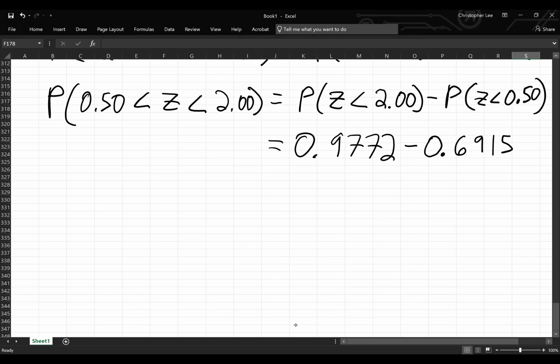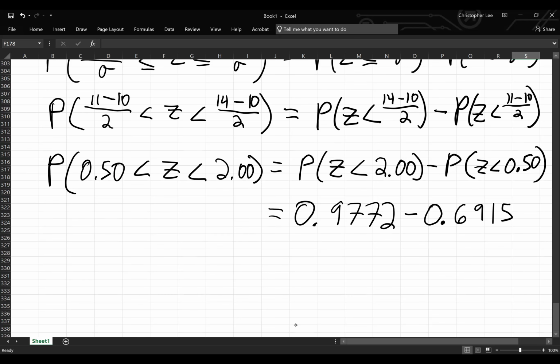Professor, so where did you get the 5 from? The 2 is from the formula, 11 minus 10 over 2. That's 5. Listen, I'm crossing this whole formula out because I don't really know what you did and this is just confusing me.